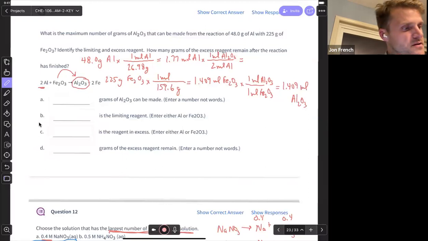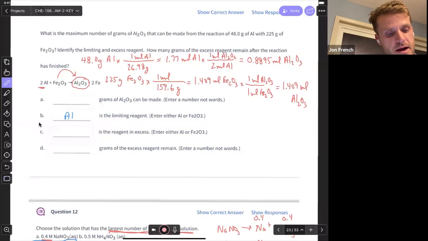And here I'm going to divide 1.77 by 2. Here I can only make 0.8895 moles of aluminum oxide. So we found our limiting reagent. The limiting reagent in this case is aluminum, and that means our excess reagent is the iron oxide.